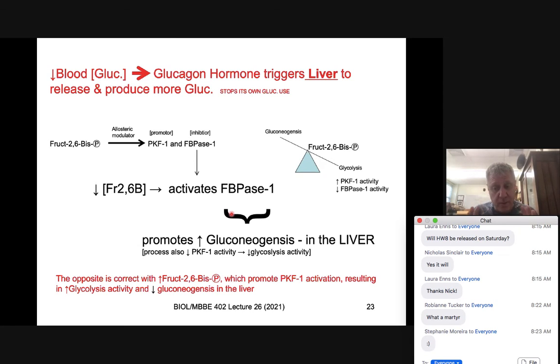It's a little complex, but if you can imagine these seesaws, you're going to have a pretty good understanding. So remember, glucagon is a peptide hormone. It's going to work through a GPCR to promote the production of more glucose. Now, it's going to have systemic action, but most of the action we are concerned with is going to focus on the liver.